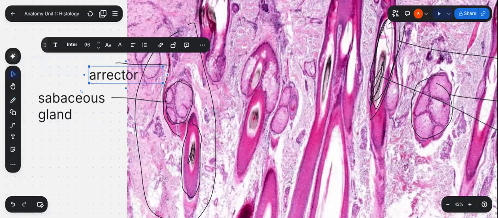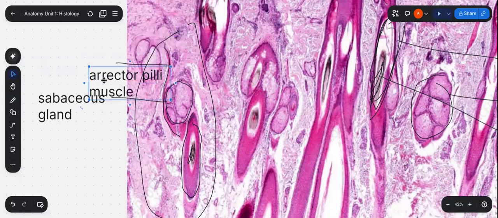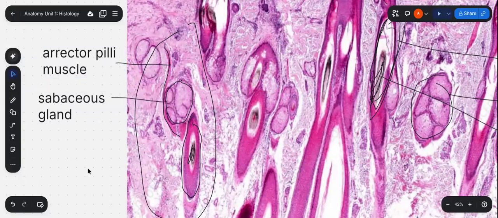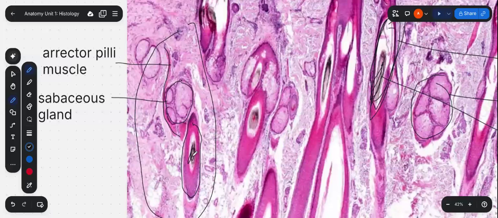And the reason that I was explaining how the muscle attaches to your hair follicle is because when you get goosebumps, this muscle is going to contract. So it's going to pull the hair to stand up straight on your body.